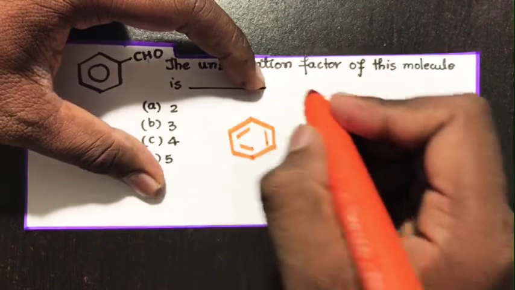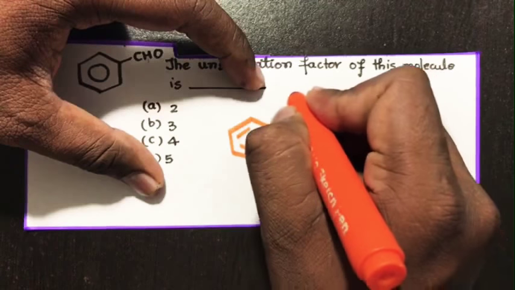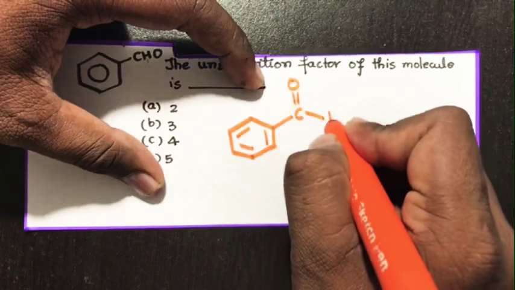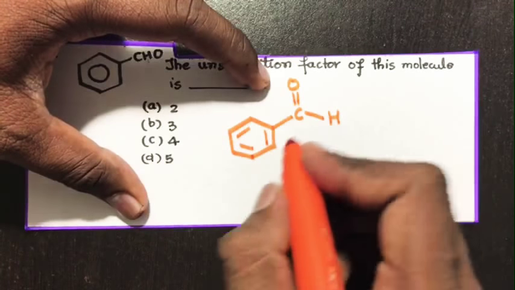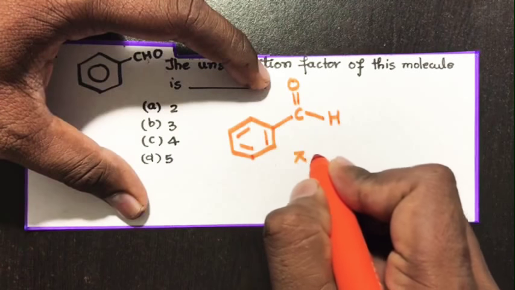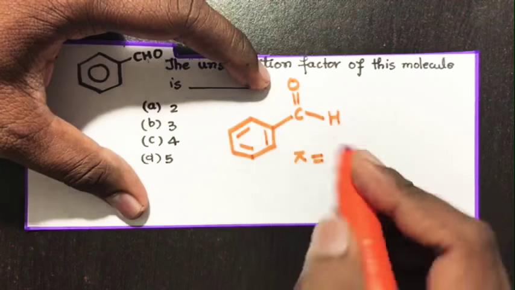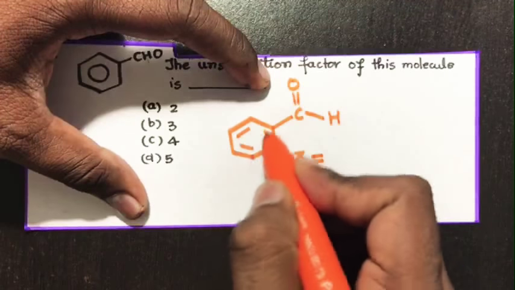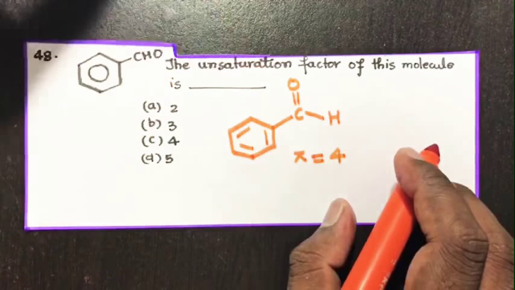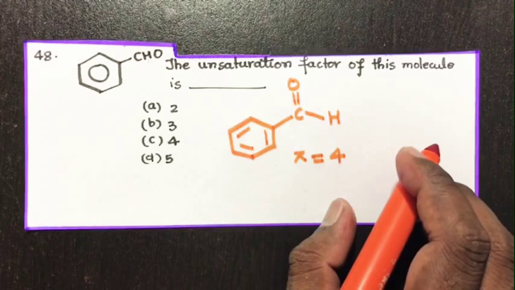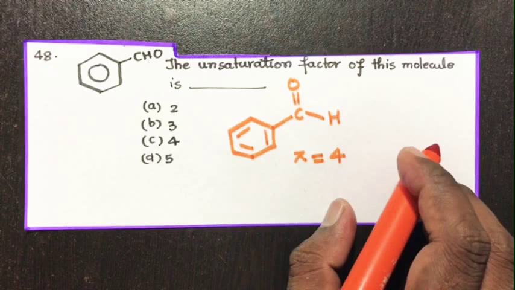There will be 3 pi bonds in this ring, and this is the aldehyde. So basically this is benzaldehyde. Now let's find the number of pi bonds. There is 1 pi bond and there are 3 pi bonds in the ring, so all add up to 4. So there are 4 pi bonds in this molecule.